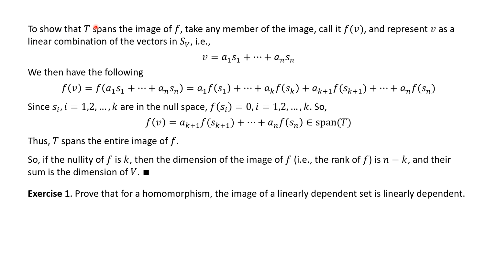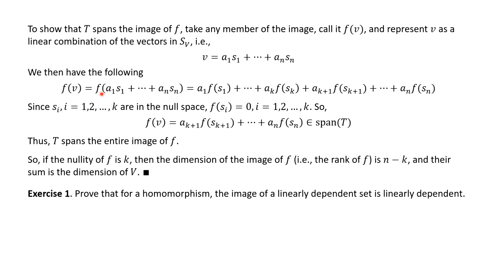So we want to also show that T spans the image of F, in other words, F of V. So we take any member of the image called F of v and represent v as a linear combination of the basis S sub V. So we have that here. We then have the following: F of v equals F of this expression.